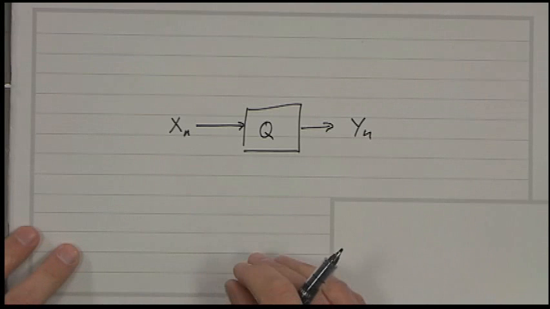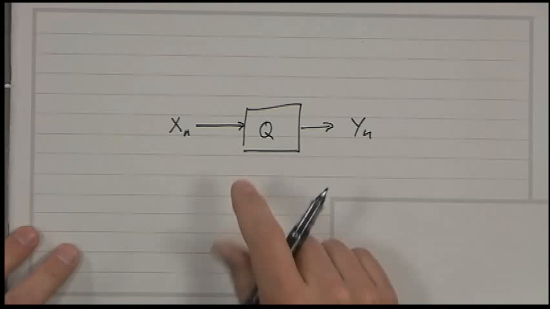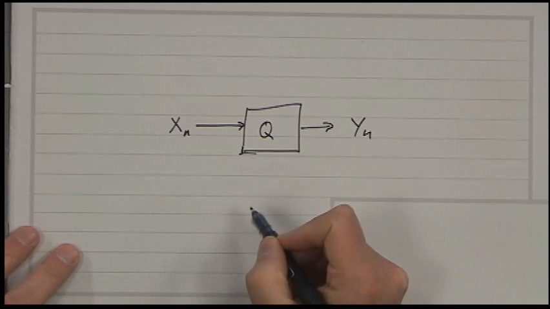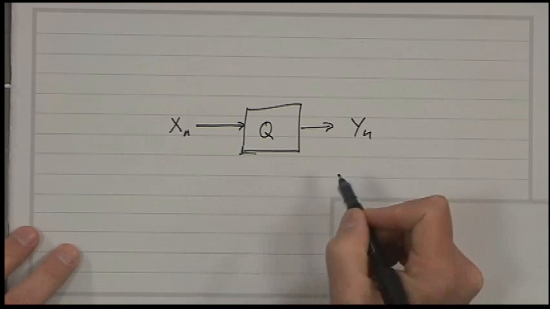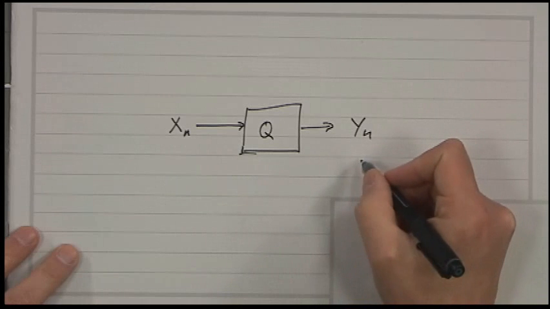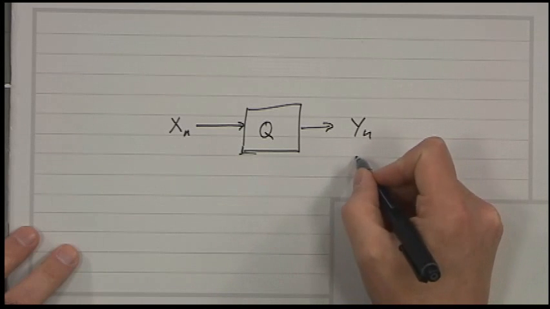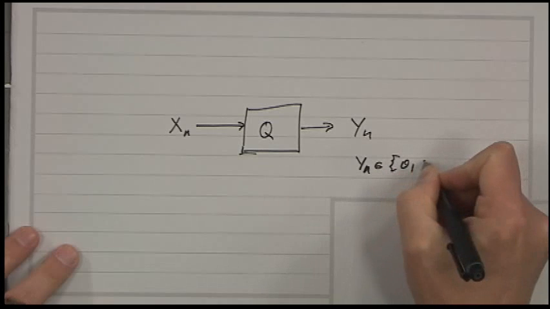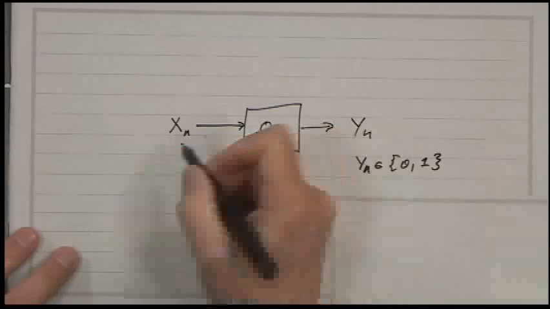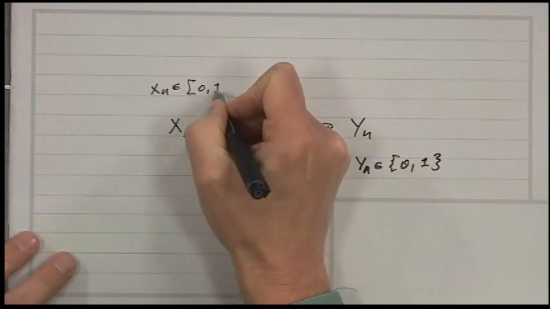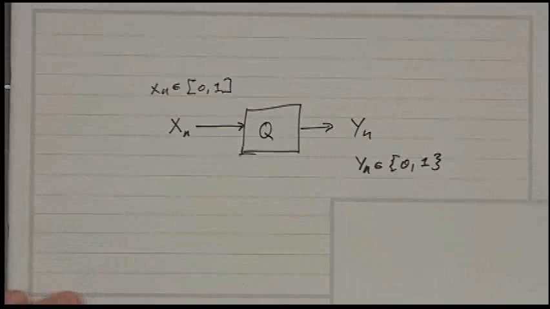It would seem like the most intuitive thing to do. So let's say this quantizer can produce a fixed number of outputs. Let's take a simple case where y of n is a member of the set 0 or 1, and x of n is in the interval 0 to 1.